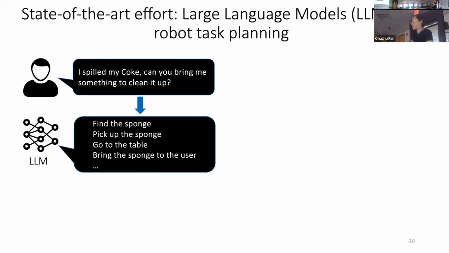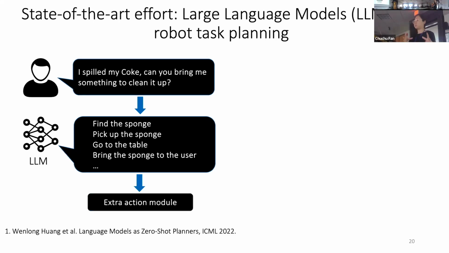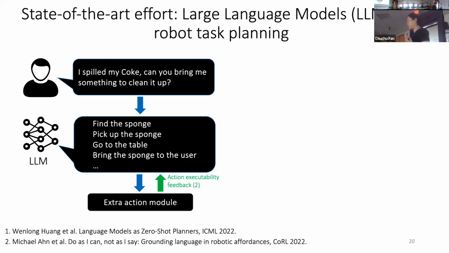What they expect the large language model to do is to propose a sequence of actions so the robot can just execute. It's possible that these actions are not executable. Then there will be some feedback to the large language model saying this action is not feasible, can you propose something else? The most representative work in this line is the bottom one here called SayCan. It has attracted a lot of attention.